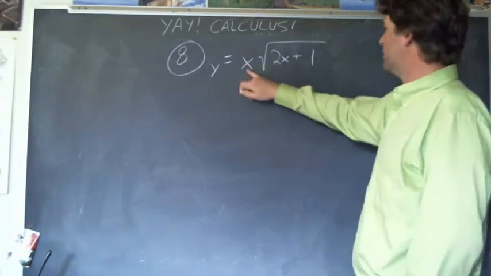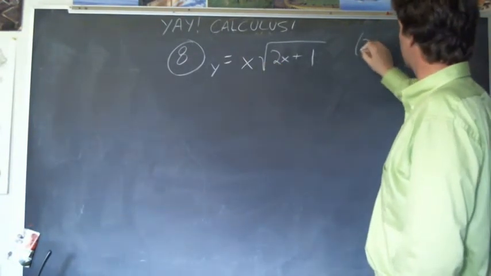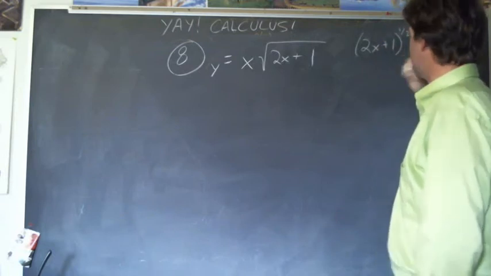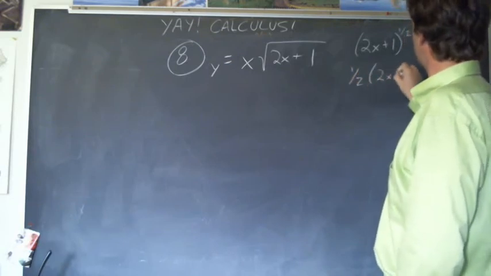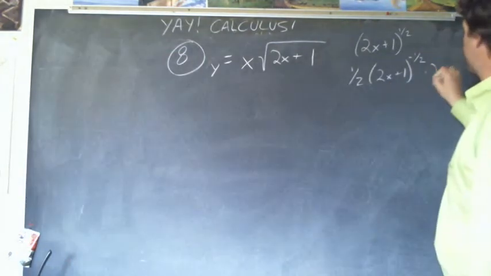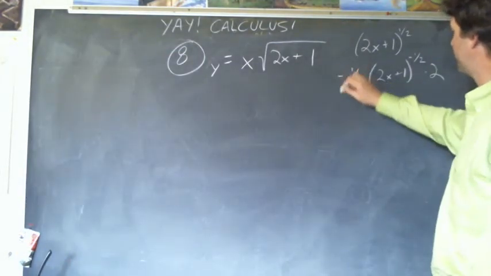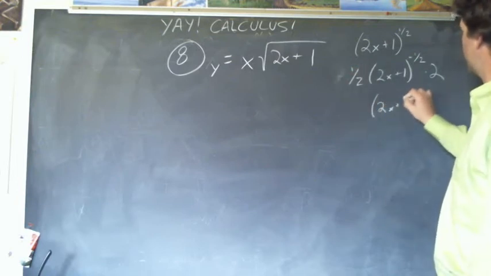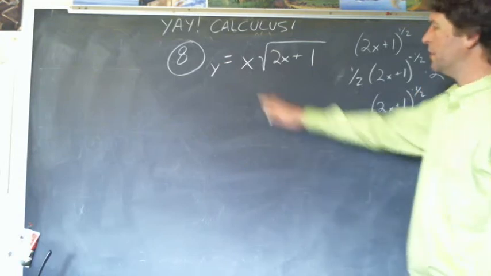Got a product, two things multiplied, remembering that the square root of 2x plus 1 is really 2x plus 1 to the 1/2, the derivative of which would be 1/2 2x plus 1 to the negative 1/2, chain rule, times 2, and the 2 and the 1/2 would cancel out. So that would give us 2x plus 1 to the negative 1/2. And the derivative of x is just 1.